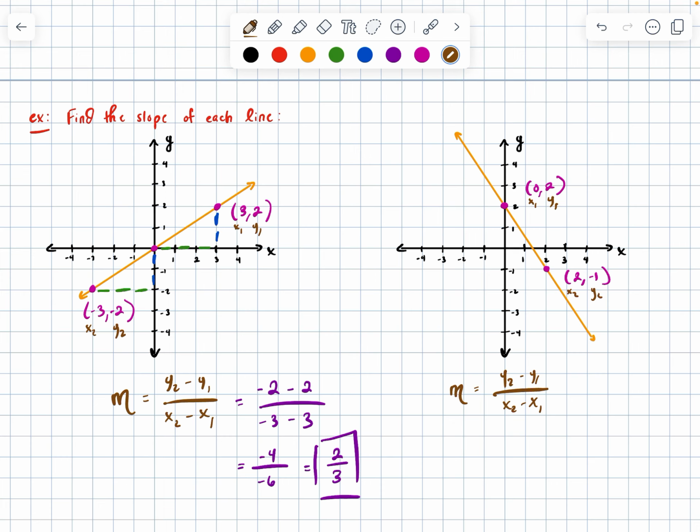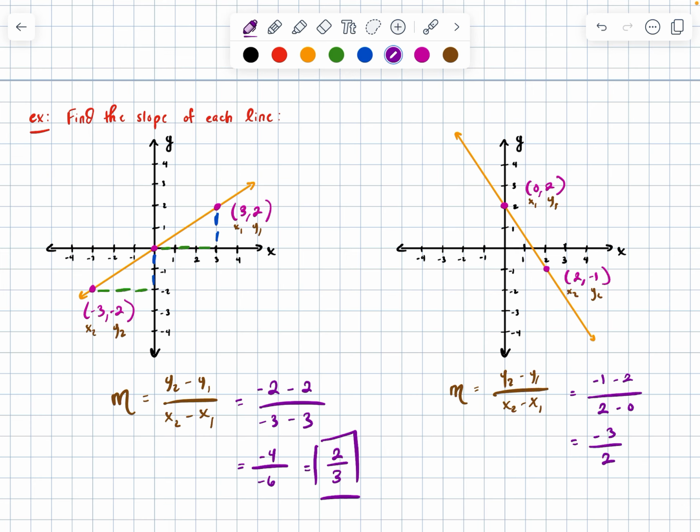So I'm going to label maybe the point at the top. We'll call our x1, y1 our first point, and our second point will be the (2, -1). Substituting in, all I need to do is replace y2 with what I've identified as -1. y1 I found is 2, over x2, which is +2, minus x1, which is 0.